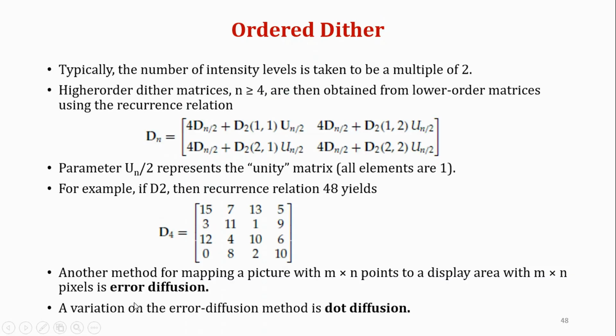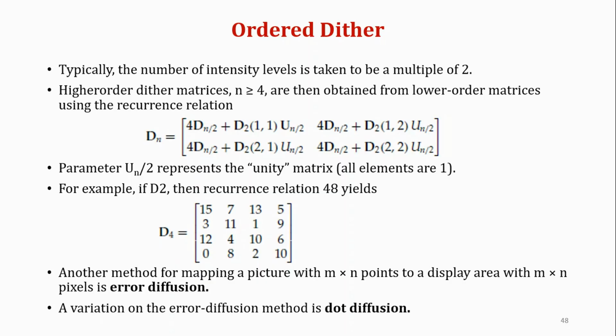This is the generalized equation for the nth dither matrix. Another method for mapping the picture with m cross n points to m cross n pixels is called error diffusion, and a variation of the error diffusion method is called dot diffusion. So error diffusion, random dithering, ordered dithering.